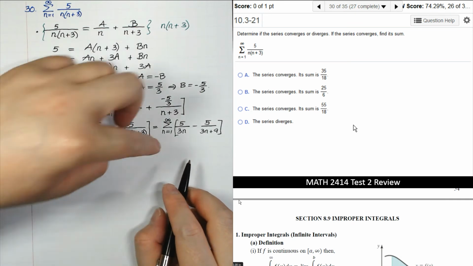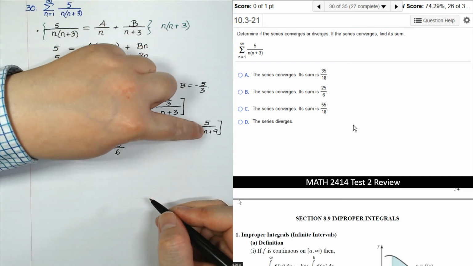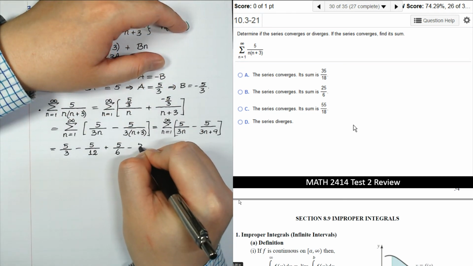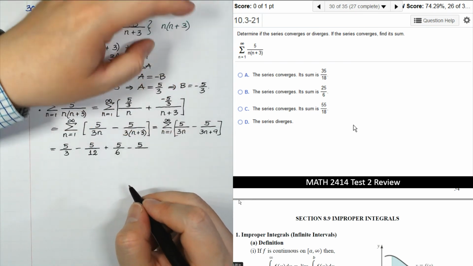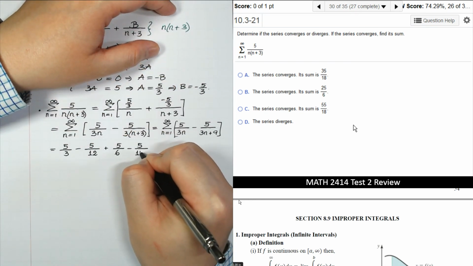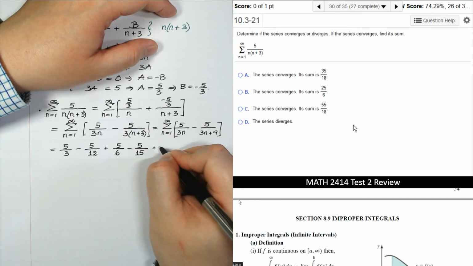Next, put 2 in for n. And put 2 in for n. 3 into 6, that's 15. Still nowhere yet. Put 3 in for n.